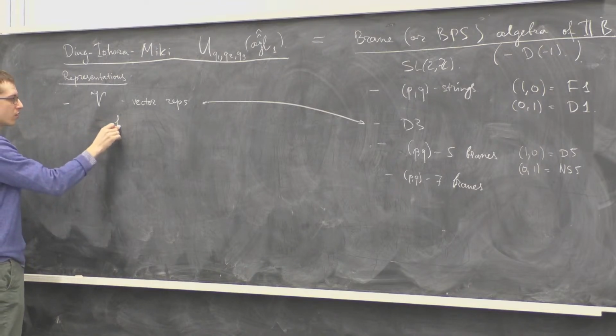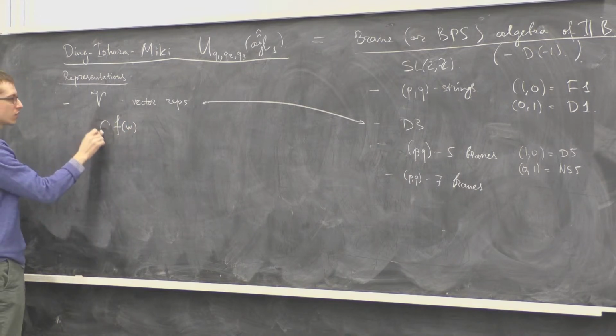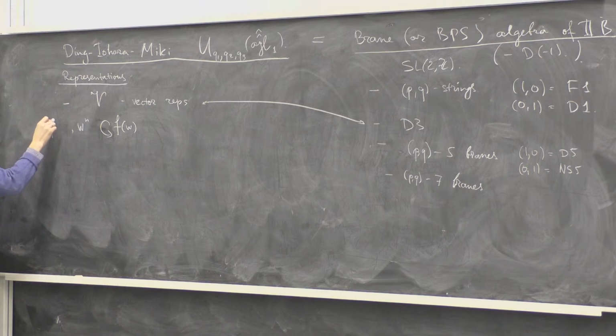The algebra acts on functions with multiplication by polynomials in W, say powers of W, and also by shifts of W. So there are difference operators in W, which act on functions of a single complex variable W.